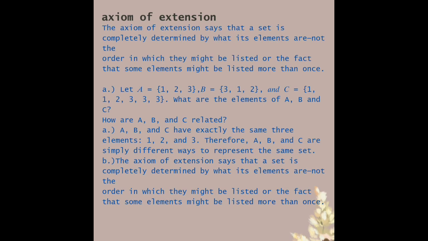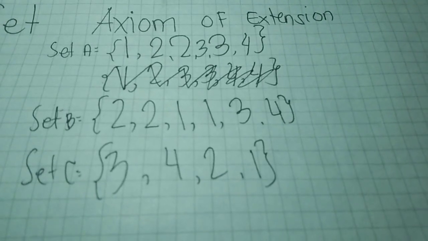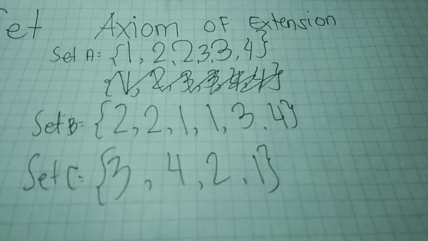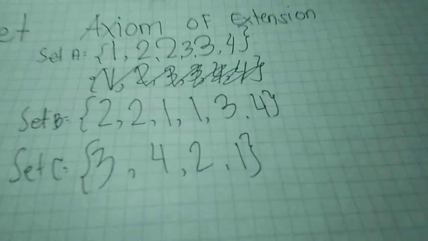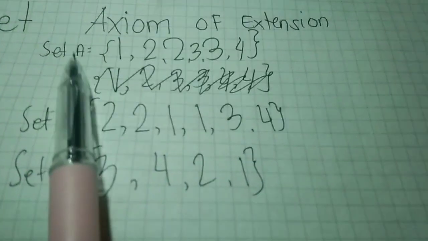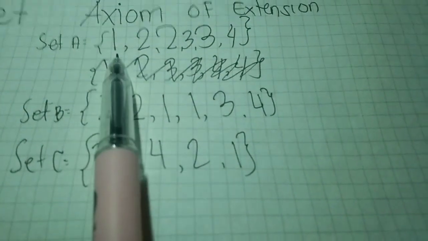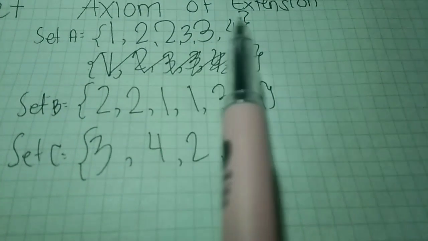The axiom of extension says that a set is completely determined by what its elements, not the order in which they might be listed, or the fact that some elements might be listed more than once. So this is an example of the axiom of extension. We have set A: 1, 2, 2, 3, 3, 4.